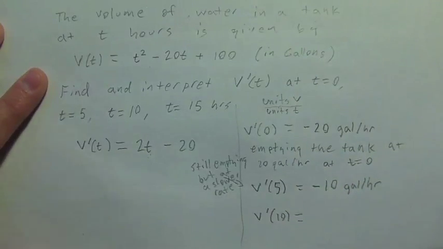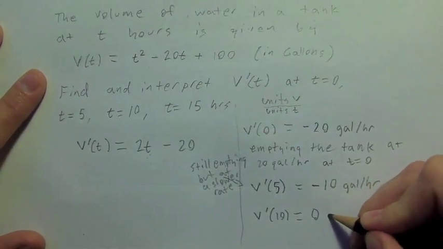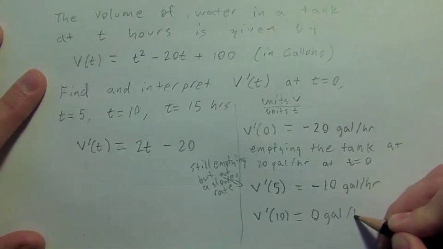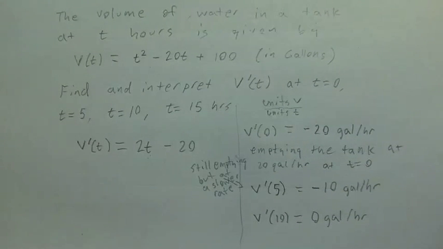At the 10-hour mark, plug that in, you get 0 gallons per hour. That means we've stopped, right? We've been emptying the tank. I don't know if we've actually emptied it yet, but maybe we're closing the gate or whatever it is, very, very slowly.